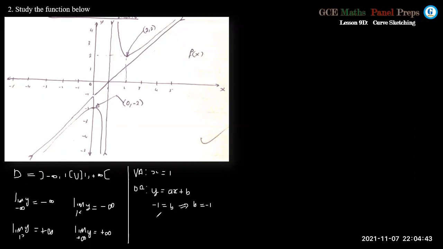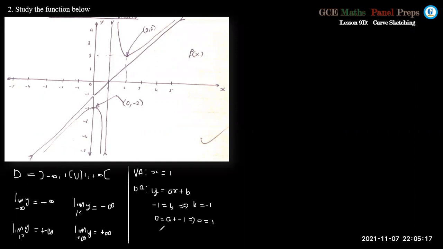So we have 0 equals 1 times a, which is a, plus b, and b is -1. So a plus -1. What's the value of a? It is 1. So a is equal to 1.